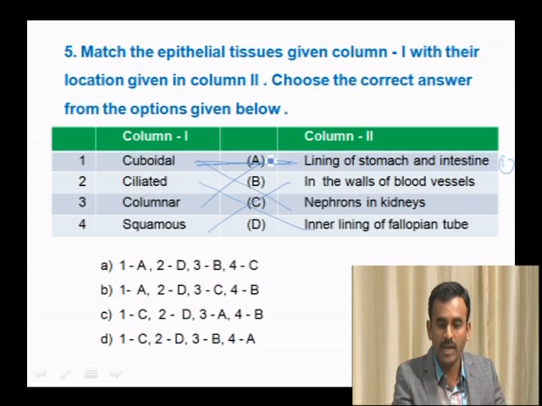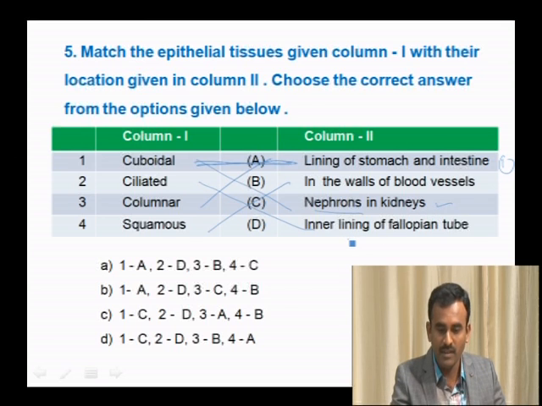So the matches are: cuboidal epithelial cells, nephrons of kidney.